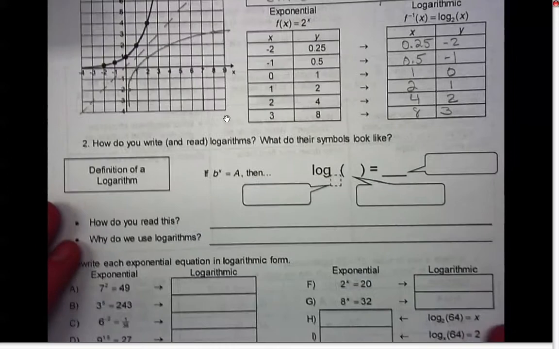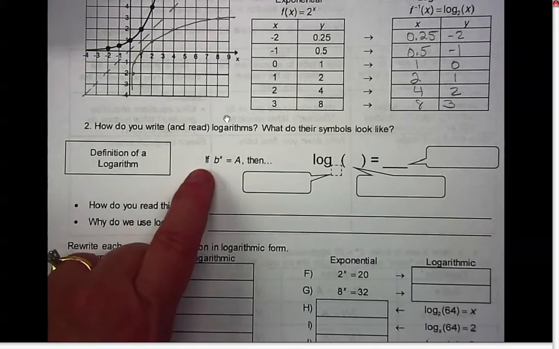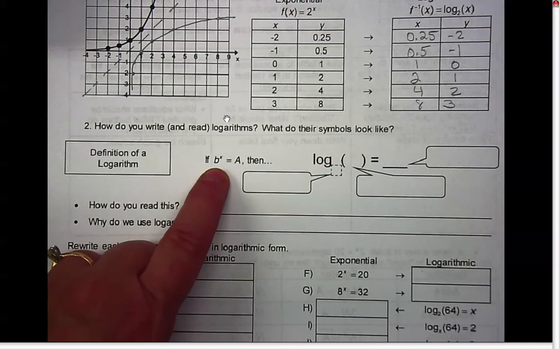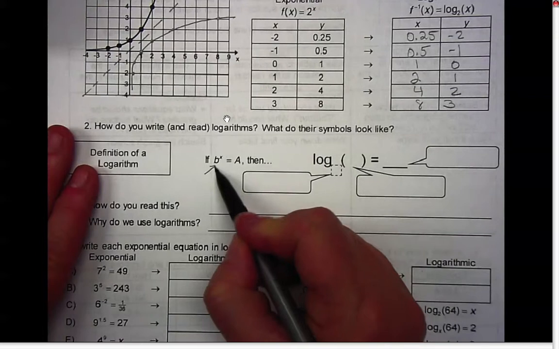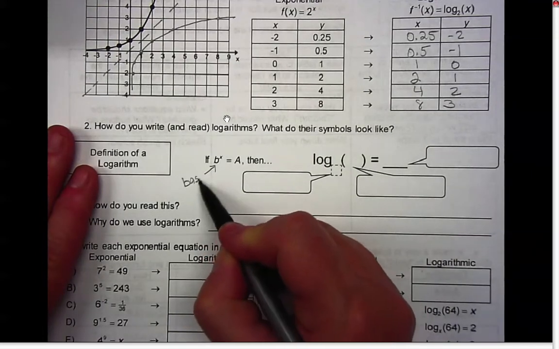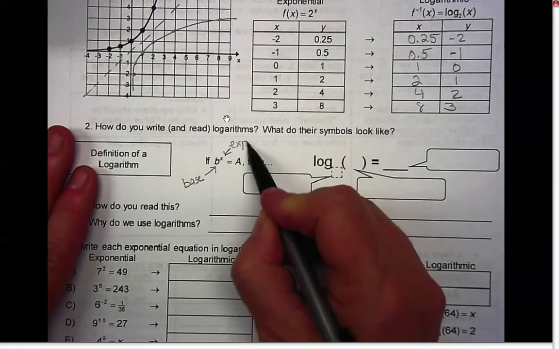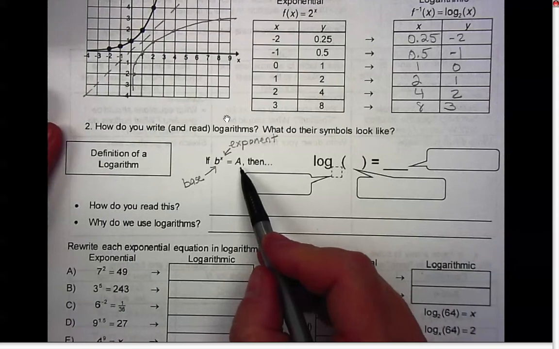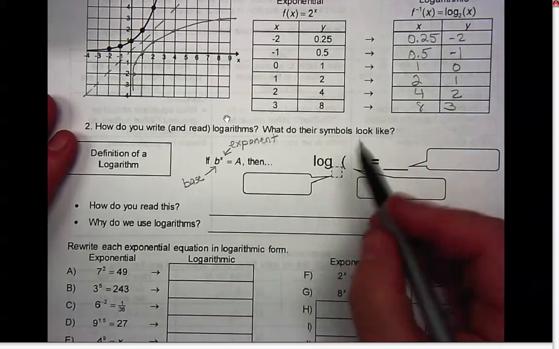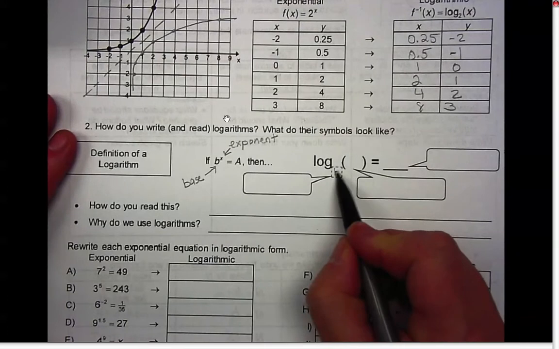How do you write and read logarithms? What do their symbols look like? If you're given an exponential equation b to the x equals a, b is the base of the exponent, x is the exponent, and a would be the answer. Then we write this by taking the same base, b, and it becomes the base of the log.